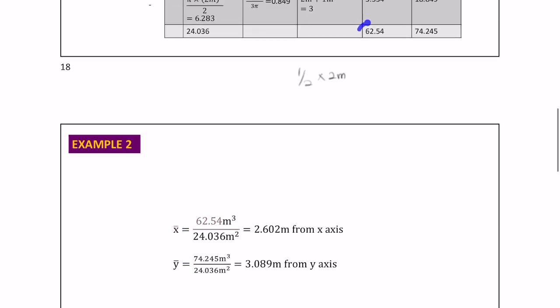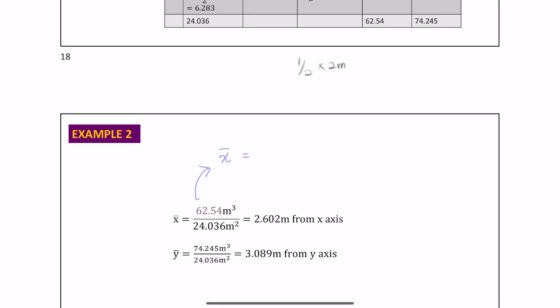Get the value of x bar here, total ax bar, using formula ini. 6.54 meters cube. That is the total area X bar, and bahagi dengan total area which is 24.036.